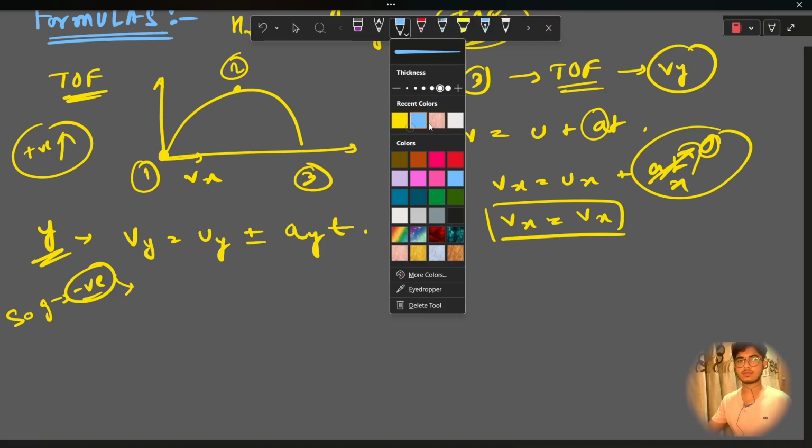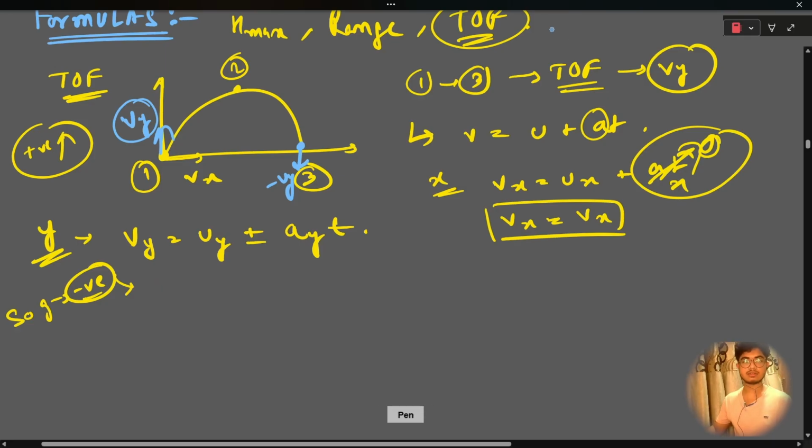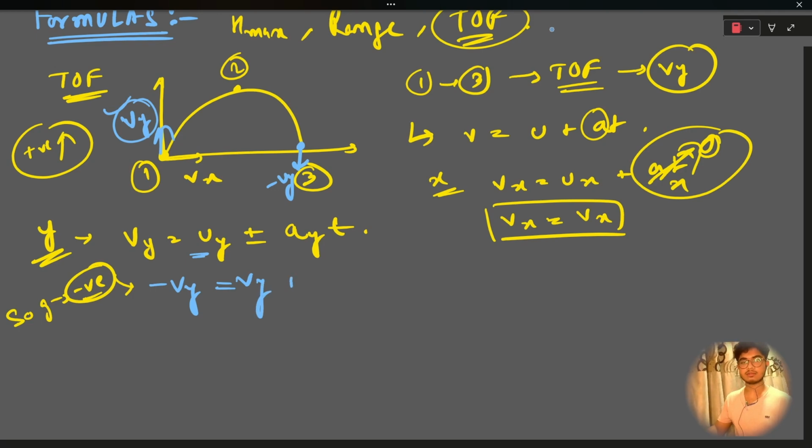If we look at this, then this is the initial vertical velocity, and this is the final vertical velocity, right? So the final vertical velocity is minus Vy equal to, what was Uy? This was positive Vy, and then plus minus g, as we have taken g as negative, t.